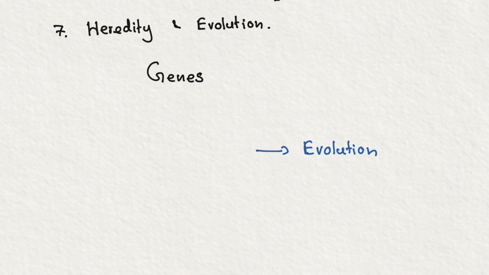They pass those genes from one generation to the next generation. You get your characteristics from your parents. So your parents pass their genes to you. So like that, we pass our genes from one generation to the next. And then over time, changes occur as a result of genetic modifications, and then finally that leads to evolution.